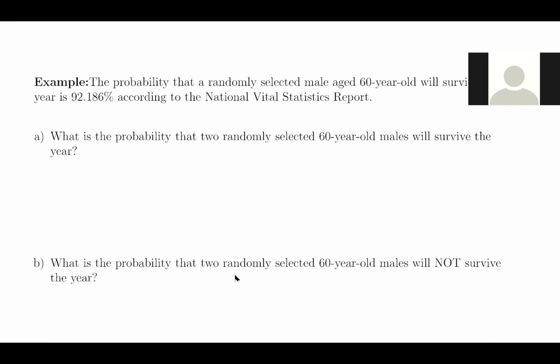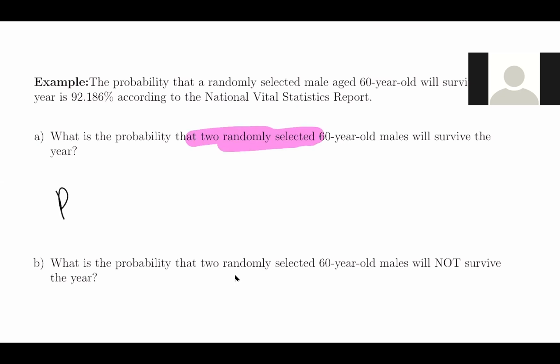For part A, it says, what is the probability that 2 randomly selected 60-year-old males will survive the year? So how many people are we randomly selecting? Two. Yeah, 2. If you look right here, it says 2 randomly selected.